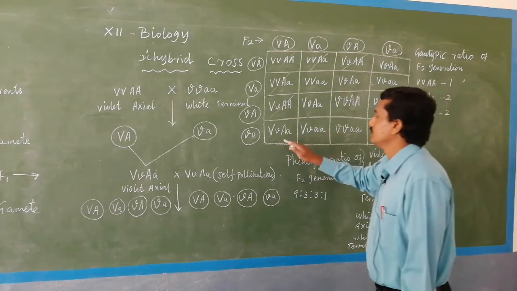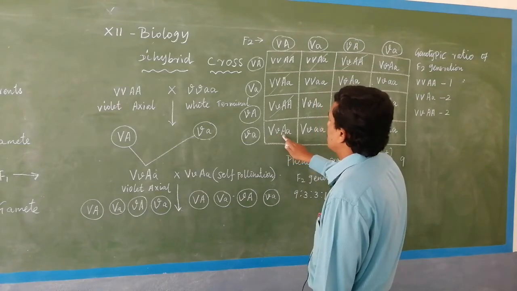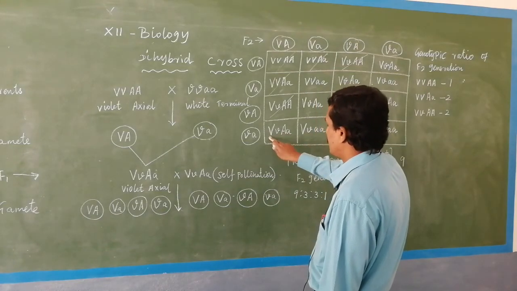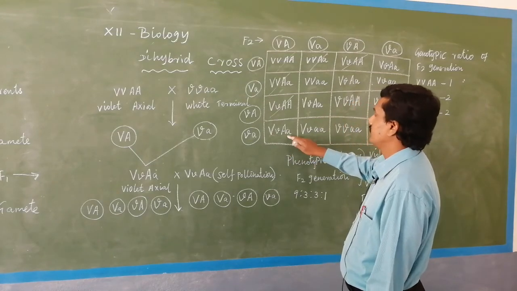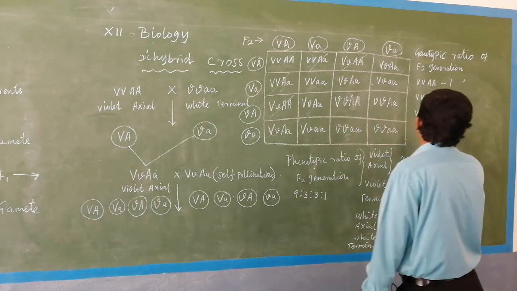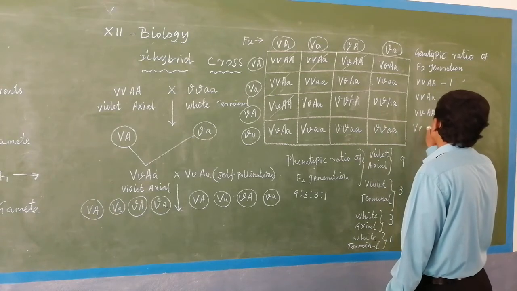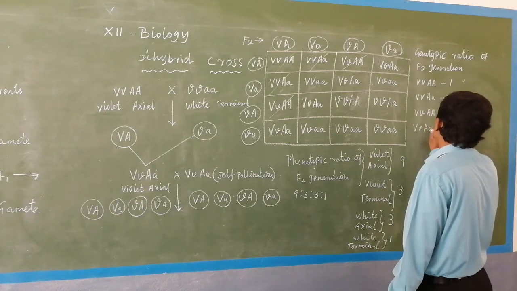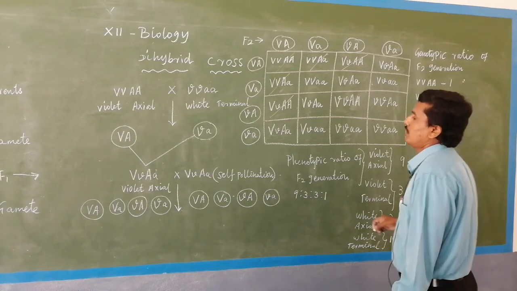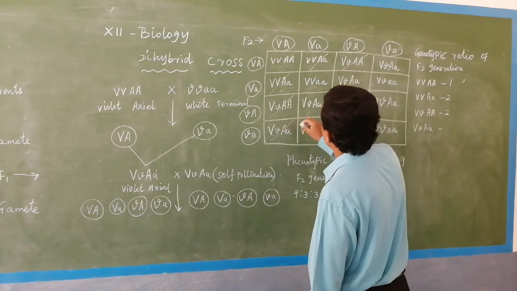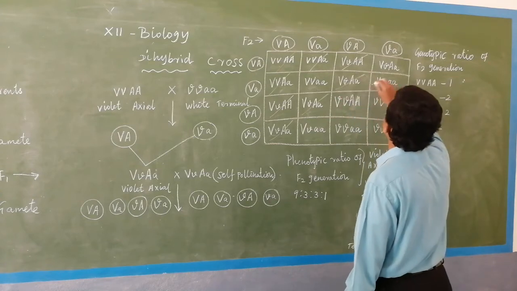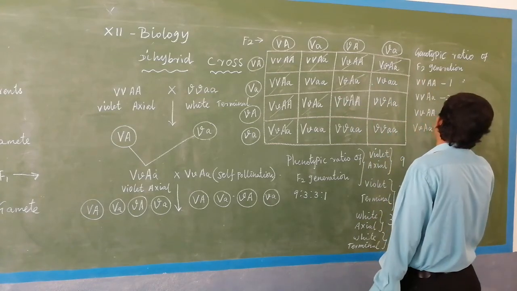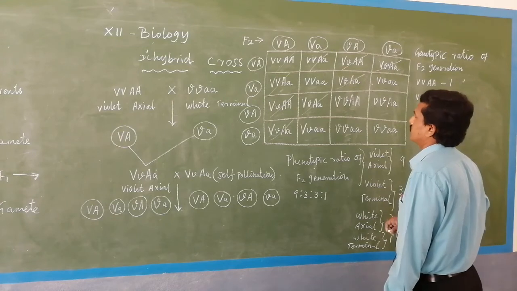The next one: capital V, small v, capital A, small a. Heterozygous violet and heterozygous axial. 1, 2, 3, 4. So totally 4 plants are produced.